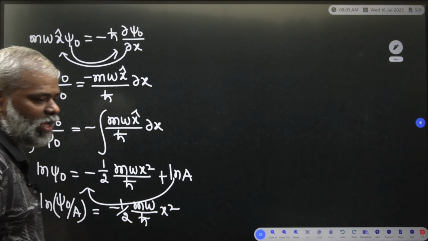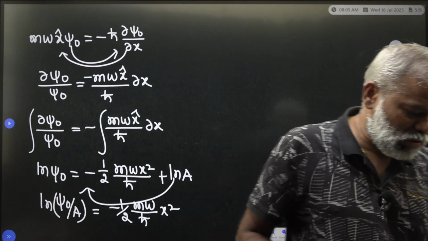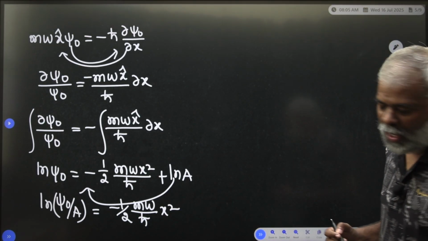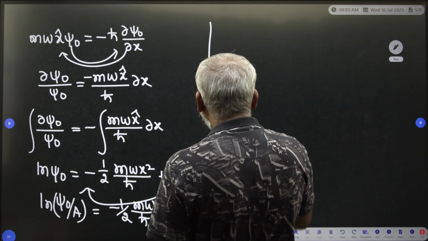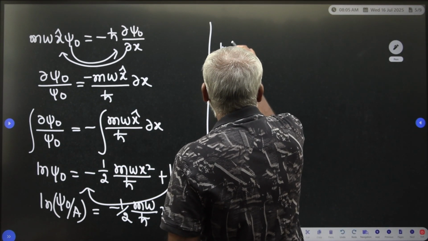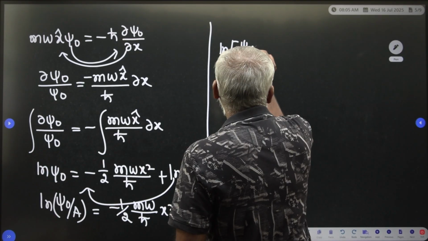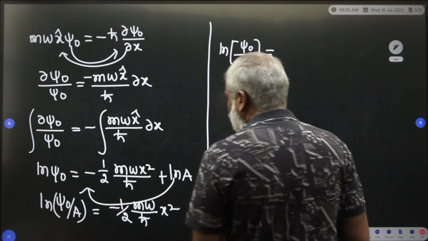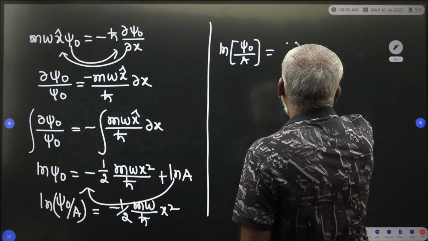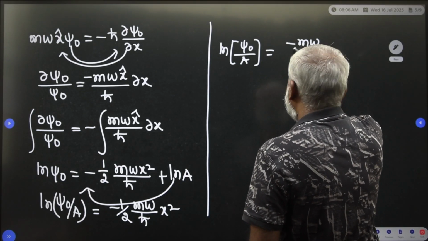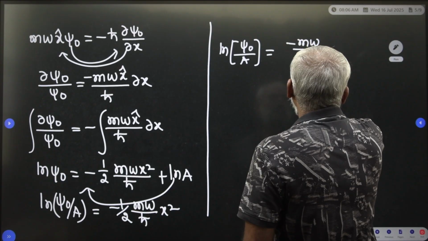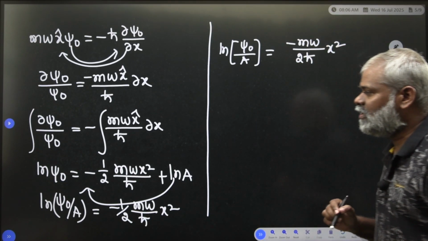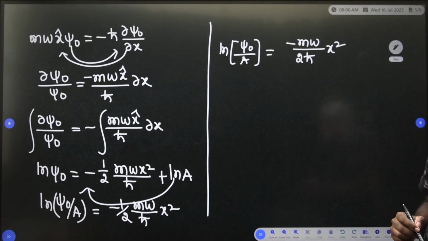So what is going to happen? ln psi 0 divided by a is equal to minus m omega divided by 2h cut into x square.